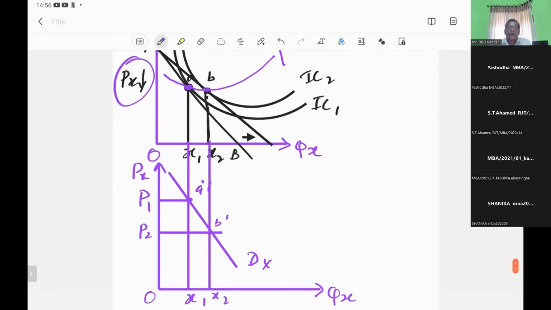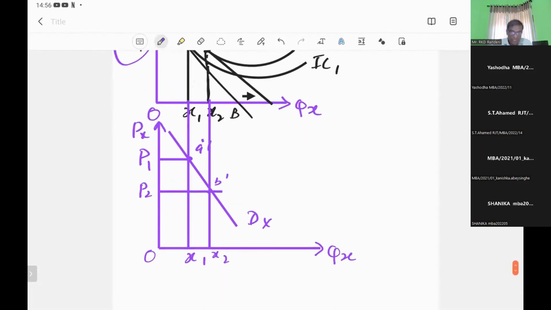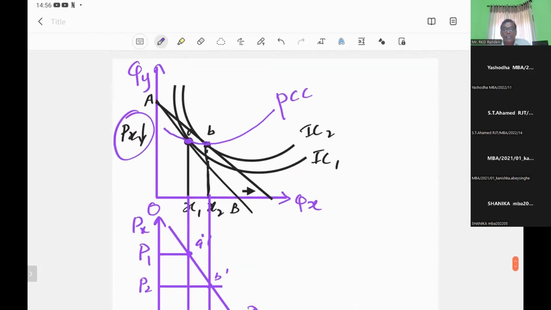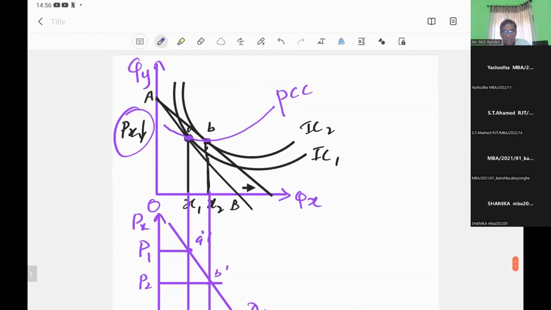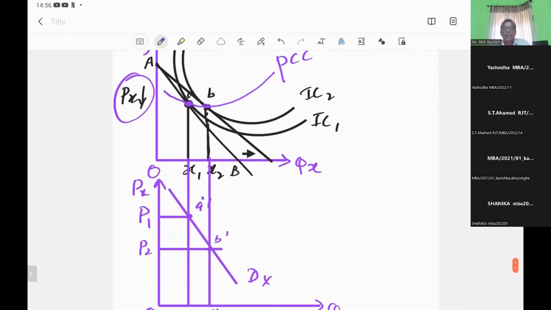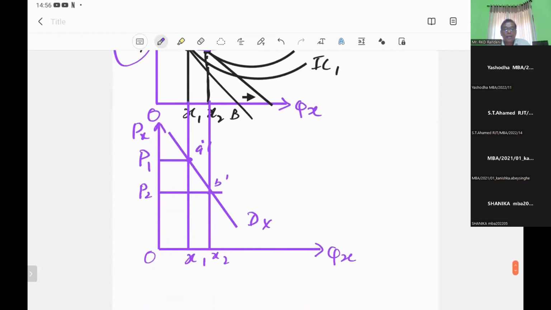Right. Then how to derive the demand curve? By using PCC. Or how to derive the demand curve through the indifference curve analysis. This is also very important. In demand theory also, this is the demand curve.